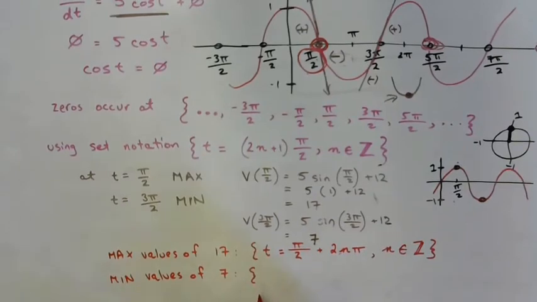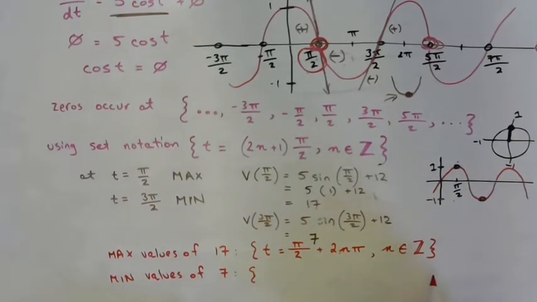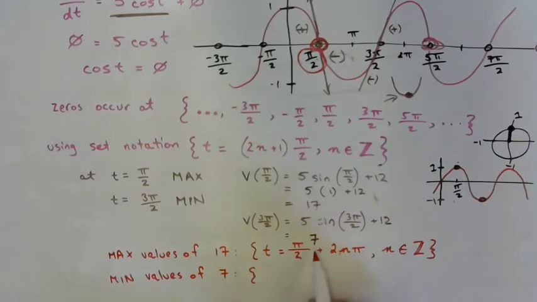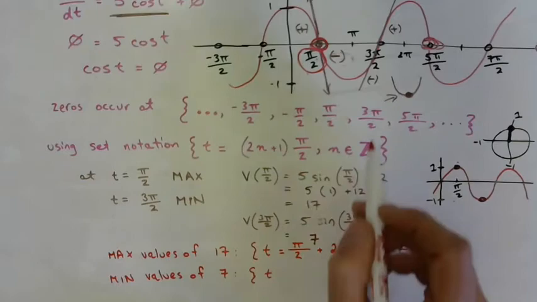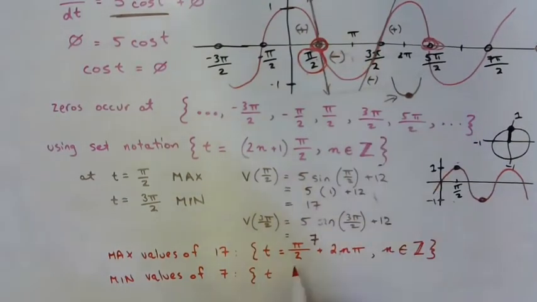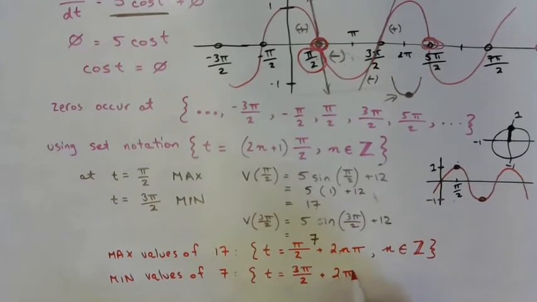Okay, so this one's going to be similar because they're also going to repeat every period length. But instead of starting at pi over 2, we're going to start at 3 pi over 2. So t equals 3 pi over 2 plus 2n pi. And it might be helpful for your brain to write 2 pi n.